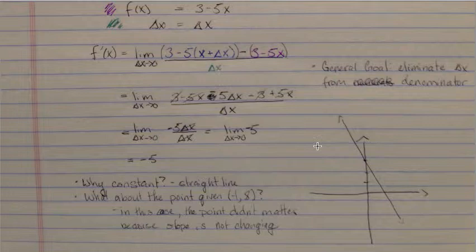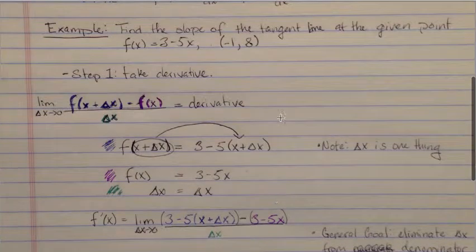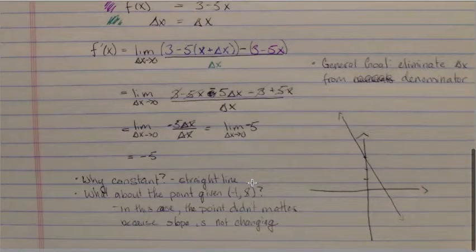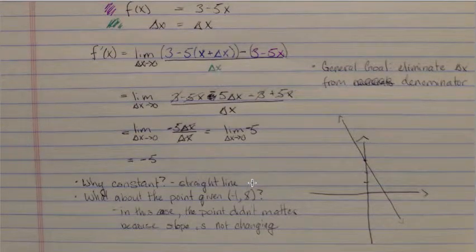So that leads into the point, what about the point given? In the original problem, it said at the given point, and it gave us a point here. Well, in our case, it didn't end up mattering because the slope is constant. No matter which point on the line you take, the slope is going to be the same.